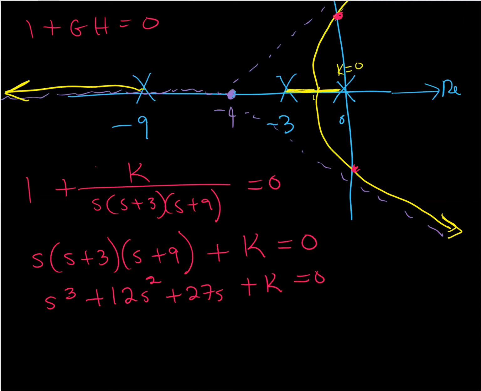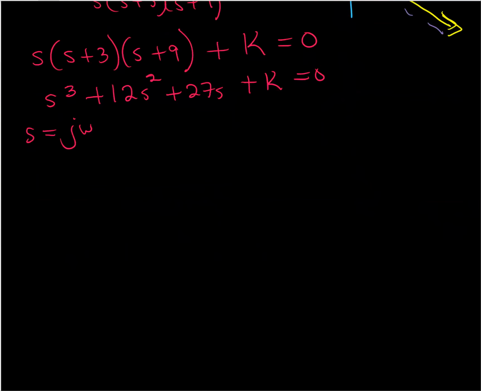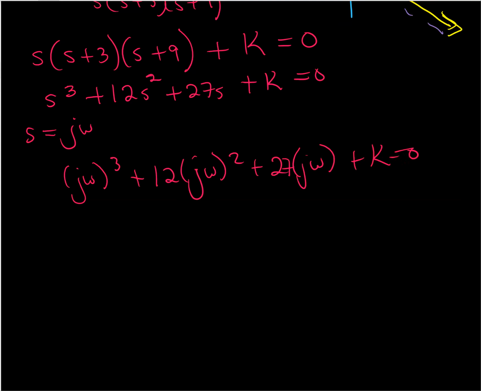Now, since we know that the crossover point is where we're purely imaginary, I can set s equal to j omega. So it will be purely imaginary. And if I do that, I get j omega cubed plus 12 j omega squared plus 27 j omega plus k equal to 0.